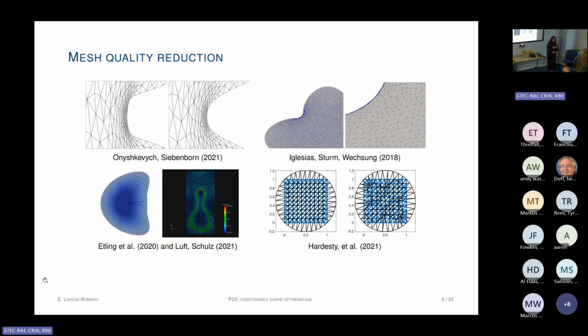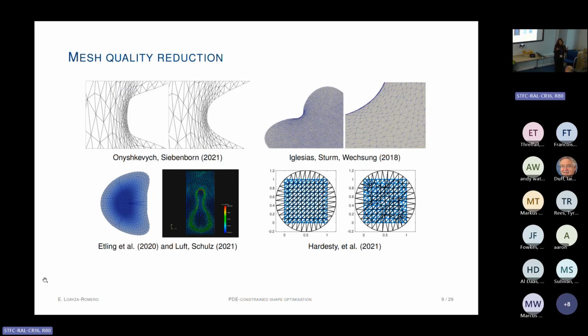Okay, something very important here, and it's a problem that has already been studied for a long time, is the fact that because our meshes, if we're already thinking in the discrete setting, we're moving meshes, and these meshes are subject to very large deformations, right? It's almost unavoidable that eventually the mesh quality is going to reduce.